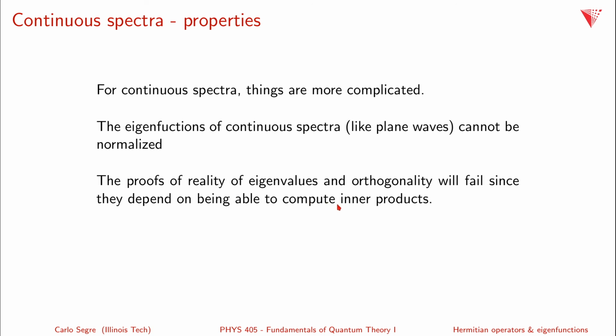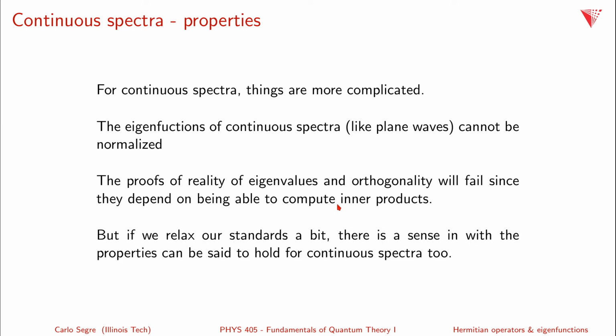And you can't compute an inner product that's unbounded. However, we can beat this if we relax our standards a bit. There's a way that you can get a sort of normalization and a sort of orthogonality for continuous spectra as well. And we'll show that later on.